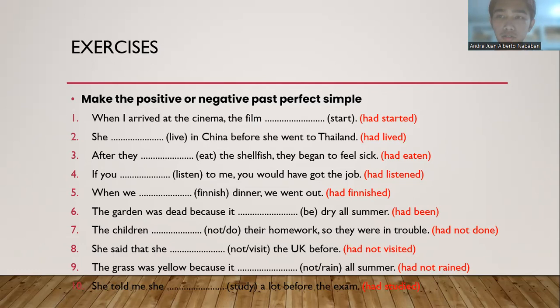So the verb study here, we should transform it into a past perfect tense. So the verb will become had studied. And by that, we will have the sentence, she told me she had studied a lot before the exam.